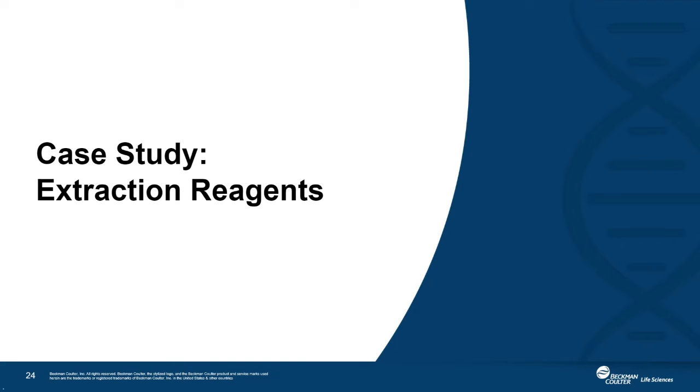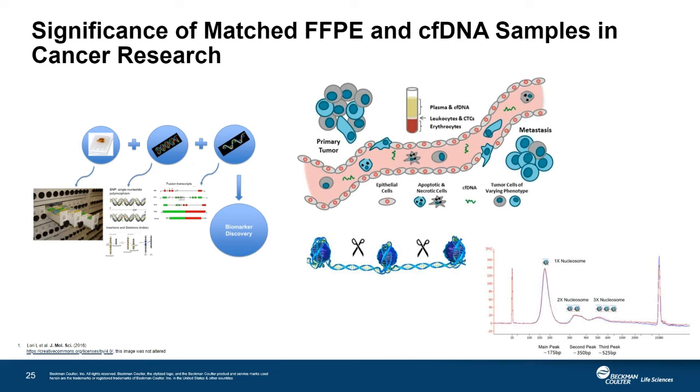Okay, I'm going to talk through a little bit about two case studies with our extraction reagents. There's really been quite a boom in cancer research involving FFPE samples, but especially with cfDNA samples, or cell-free DNA samples. Analysis of cell-free DNA for cancer detection, for prognosis, for patient monitoring has really significantly improved clinical management and outcomes for patients.